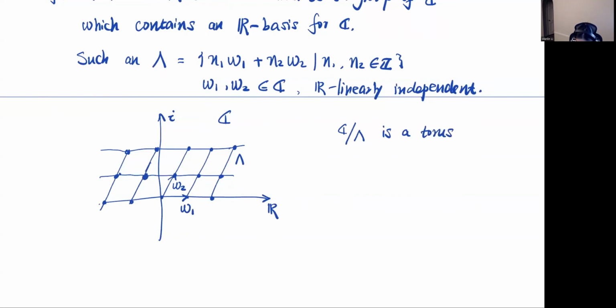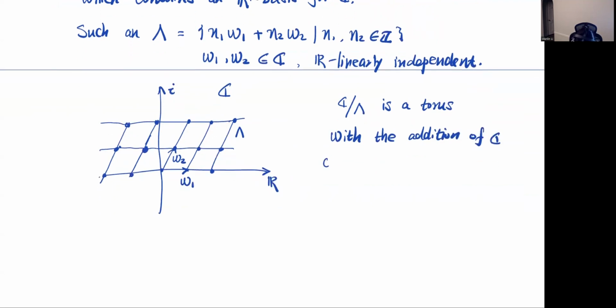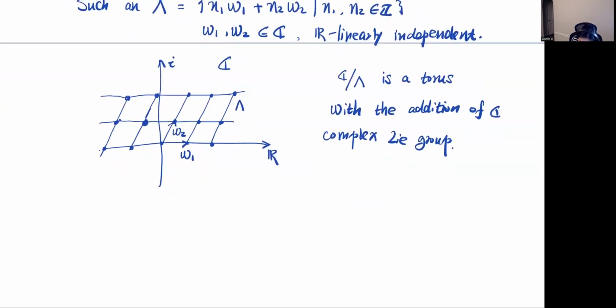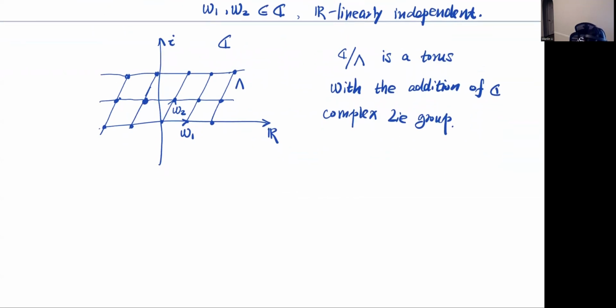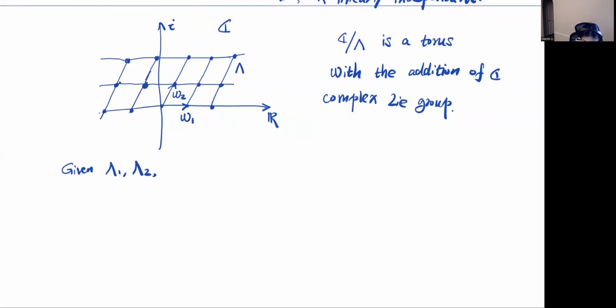Okay. And moreover, with the addition, C mod lambda is actually a complex Lie group. So I can think about this object C mod lambda. And given two lattices, lambda 1, lambda 2, I can consider maps between the C mod lambdas.